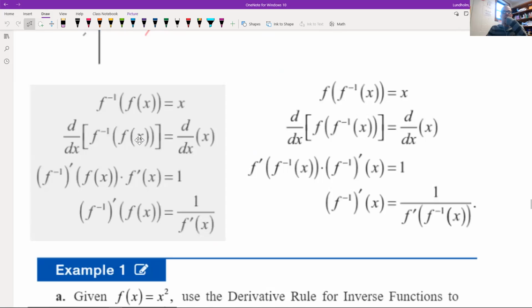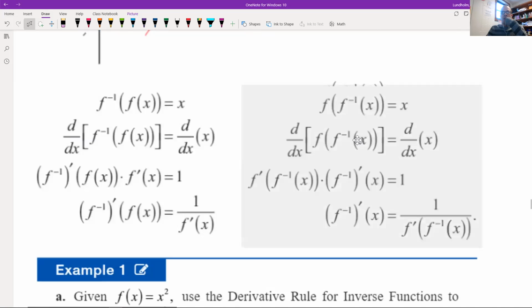So this is kind of the definition, or at least an important property of inverse functions, that whenever you compose an inverse function and the original function, whether the original function's on the inside or on the outside, you end up getting x right back out. So whatever you input, you end up getting directly as your output.